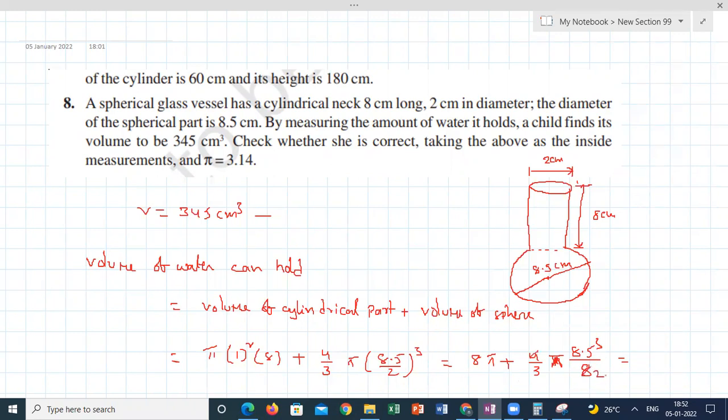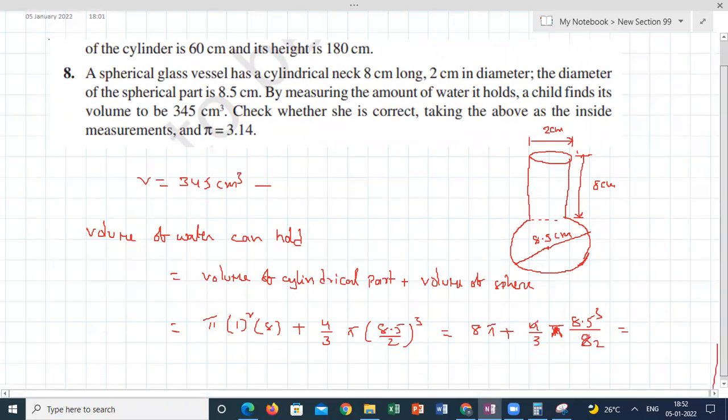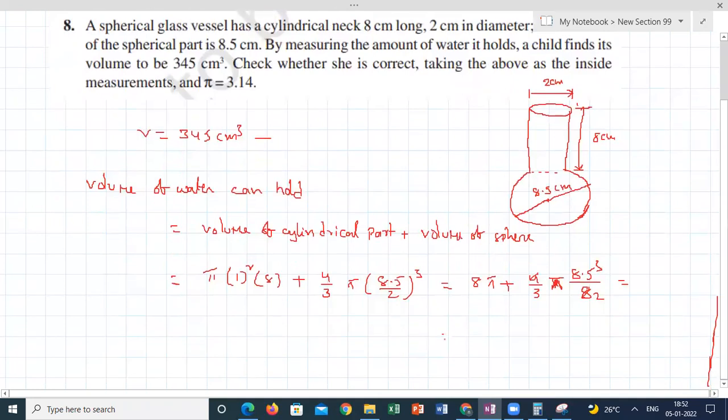For 2 times, this will come as 8 plus 8.5 cube divided by 6.